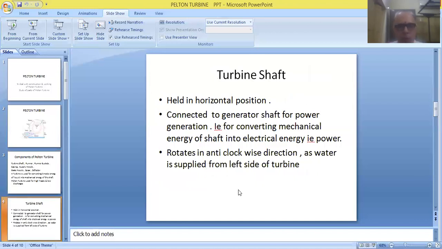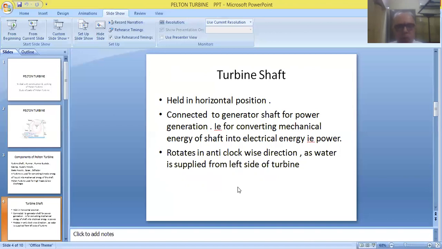So now we are making the review of the components which we have seen in the diagram. We have to talk about the shaft of the turbine. It is held in horizontal position. The shaft of the turbine is connected to the shaft of the generator. And as told earlier, this will be rotating in anti-clockwise direction.